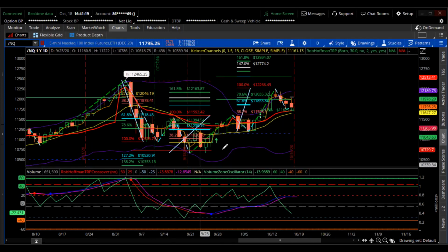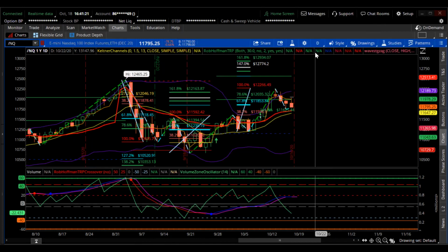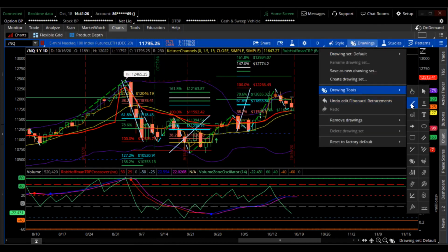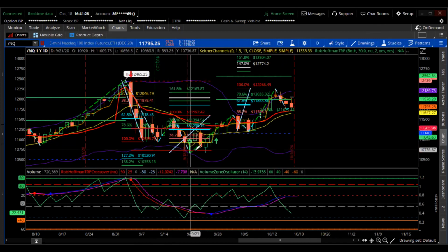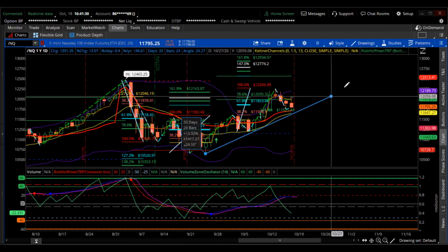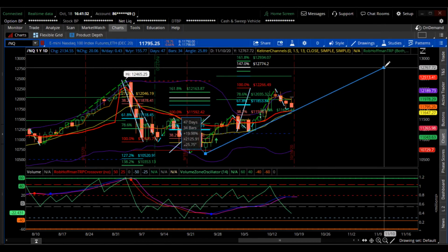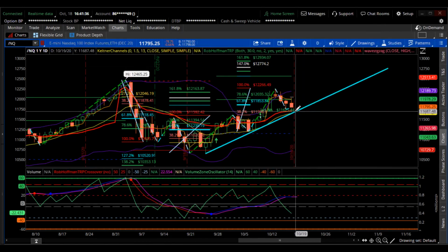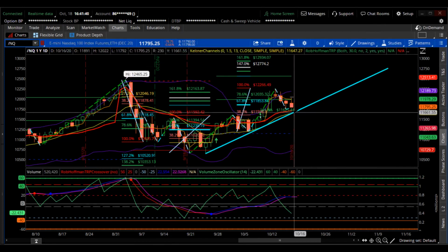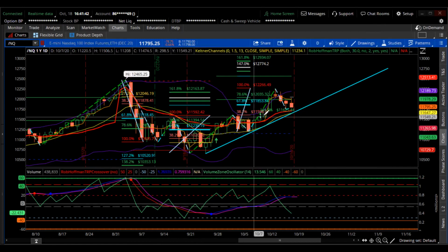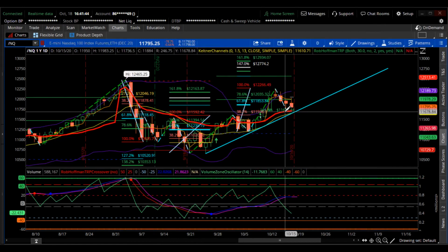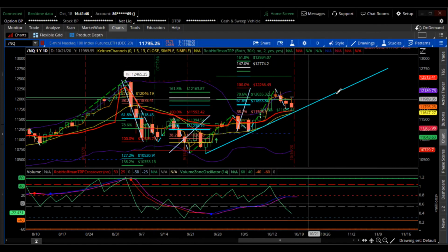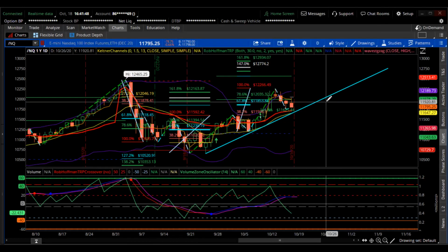But as far as this chart goes, this is still a rising wedge, and I'm not going to have any short until we fall from here. I'm looking at maybe 1168 or something like that. If it falls under the VWAP, then you could definitely short when we fall off this trend.